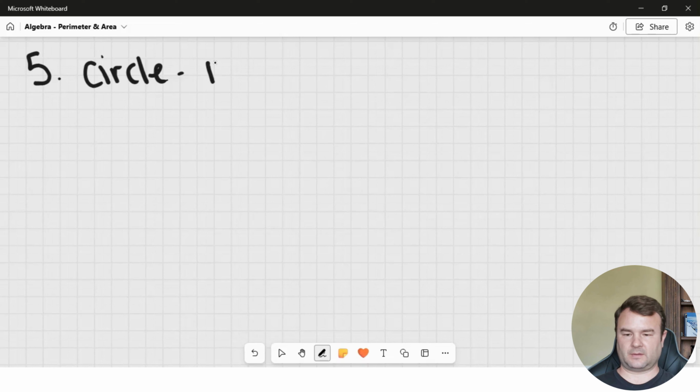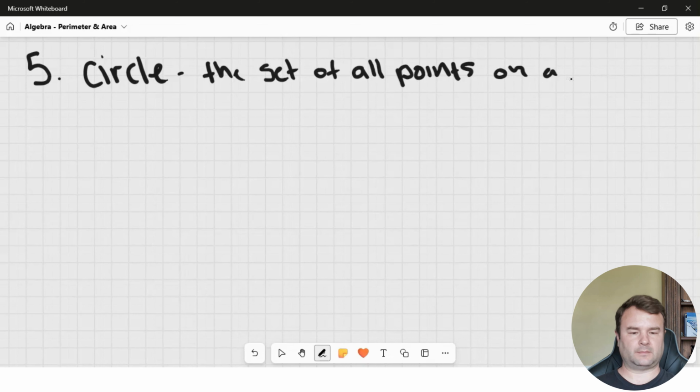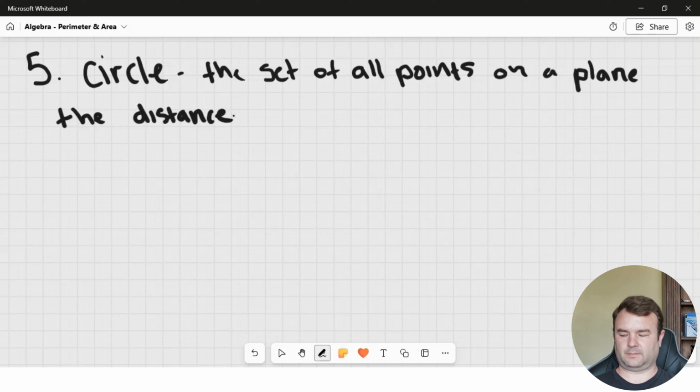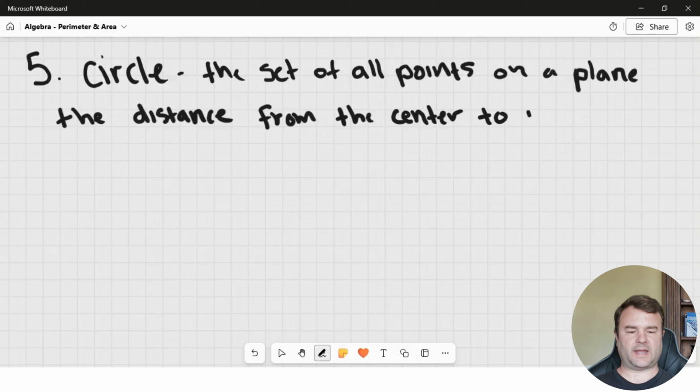So it's the set of all points on a plane such that the distance from the center to any point are the same.